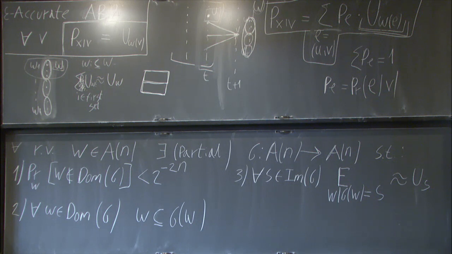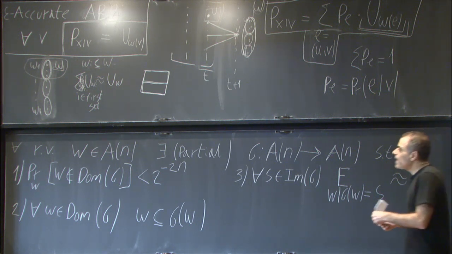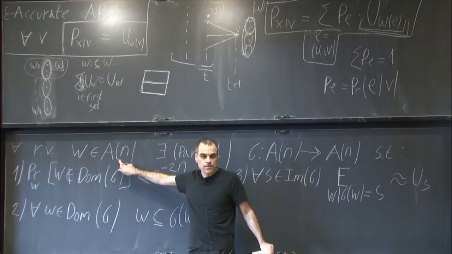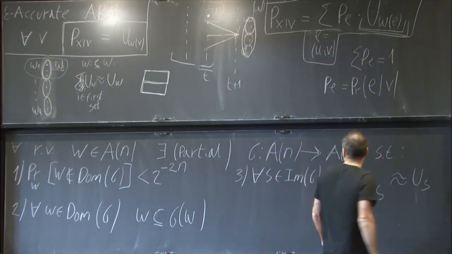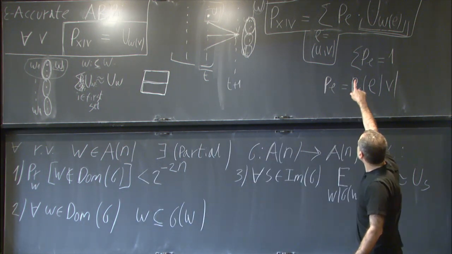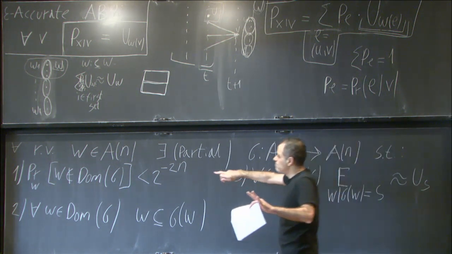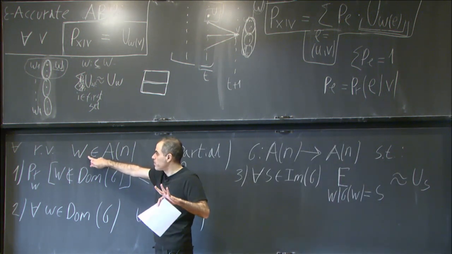So the lemma says, take any random variable W on AN. This random variable is what is written there. With probability PE, it gets the value W of E. It's just the distribution over all the edges that go to V. So that's how we will use it.